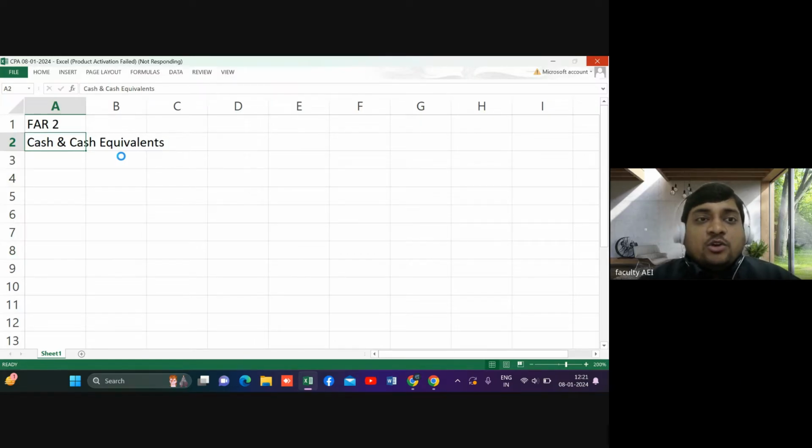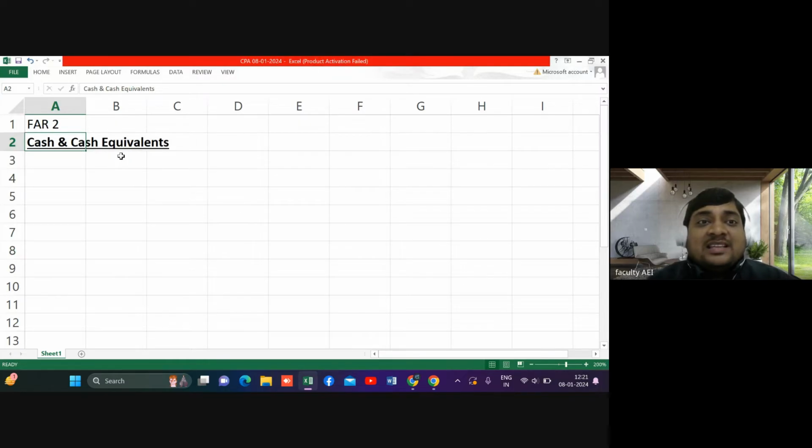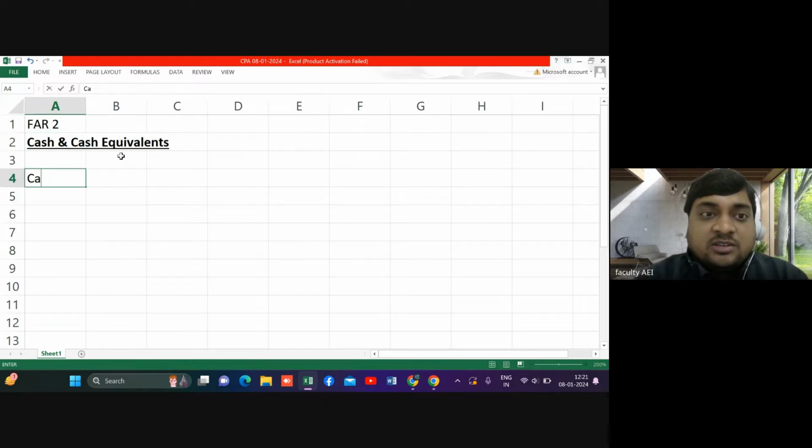Right. So when you talk about cash, it has to be cash, coins, currency, right? And when I talk about cash equivalents, then in that case, we'll be talking about some liquid investments which have a maturity of less than 3 months, right?